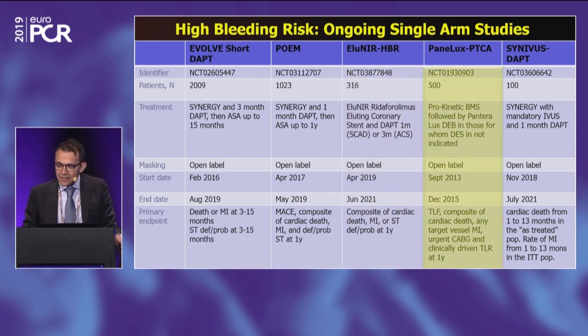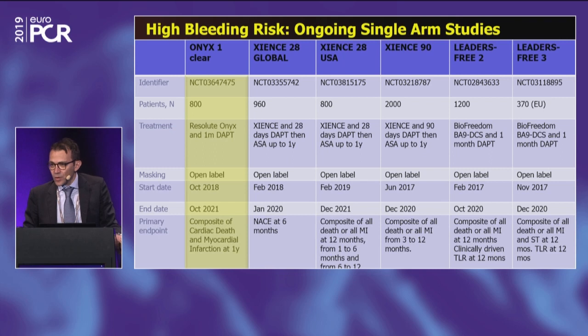Finally, Panelux PTCA. It's a new exploration of a new treatment strategy, I would say, with systematic routine provisional BMS implantation followed by Panteralux, so drug-eluting balloon inflation inside the previously implanted stent, followed by 1 month DAPT in patients who were deemed not eligible for DES.